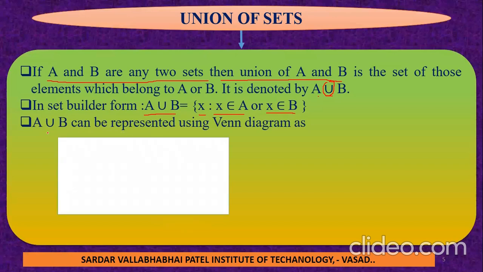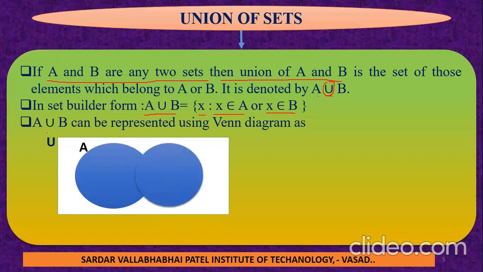Suppose this is the universal set U, this is capital A, and this is capital B, and both are not disjoint sets, so obviously this part is A intersection B. So the whole blue region is A union B.